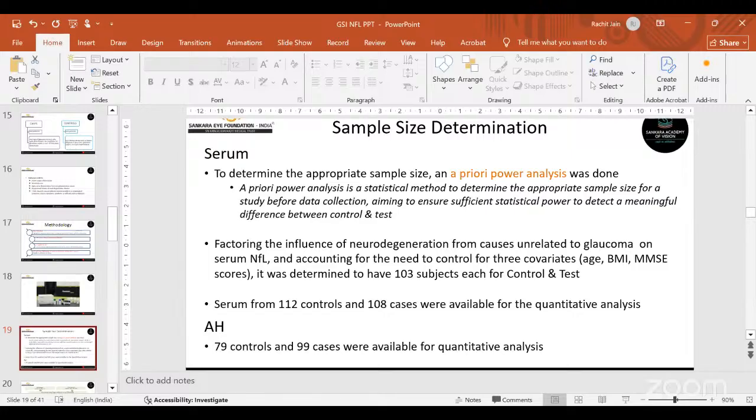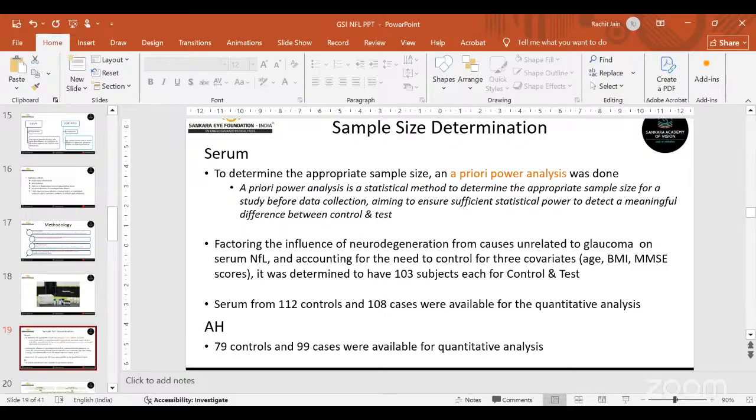Sample size determination. So sample size determination was done before the data collection was started. For serum, to determine the appropriate sample size, an a priori power analysis was done. A priori power analysis is a statistical method to determine the appropriate sample size for a study before data collection, aiming to ensure sufficient statistical power to detect a meaningful difference between control and test.